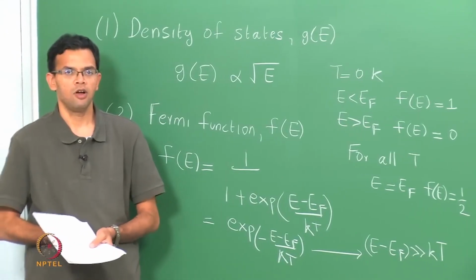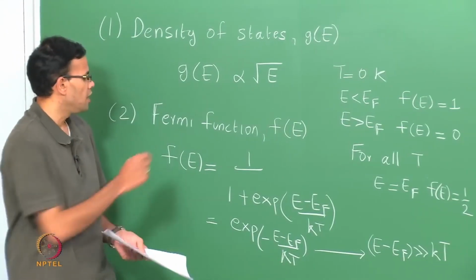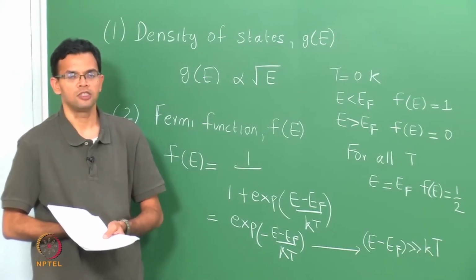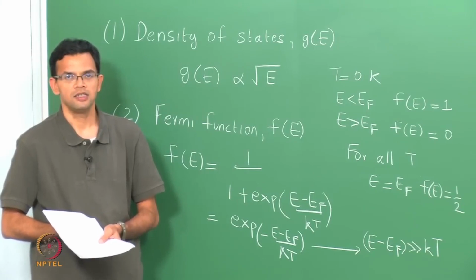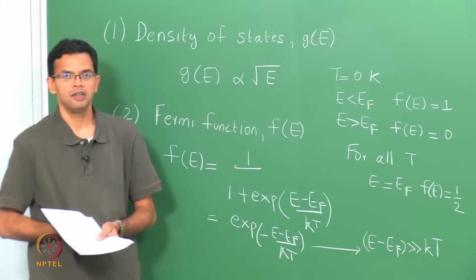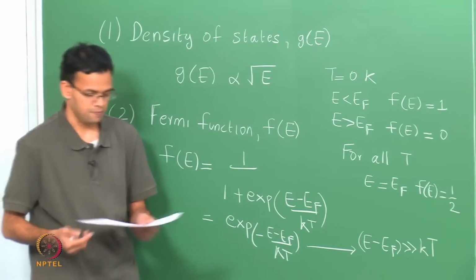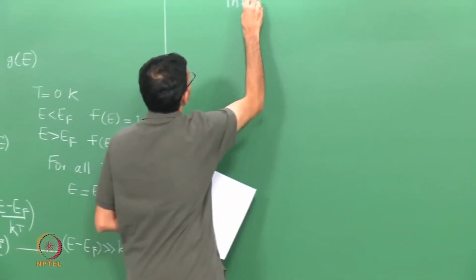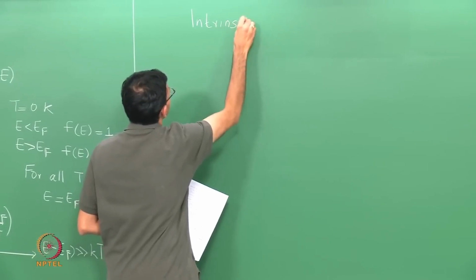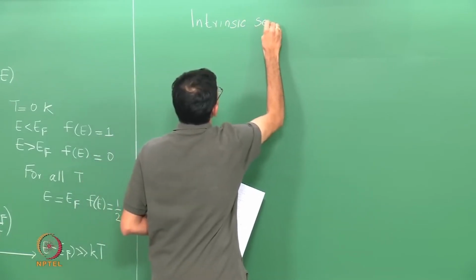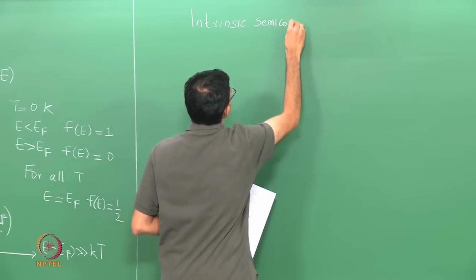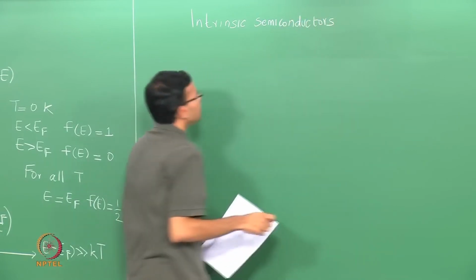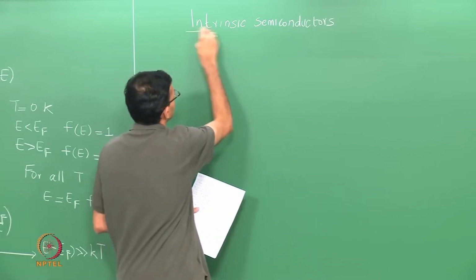We will use these concepts of density of state and Fermi function in order to calculate the electron hole concentration in semiconductors, and first we will start with intrinsic semiconductors.